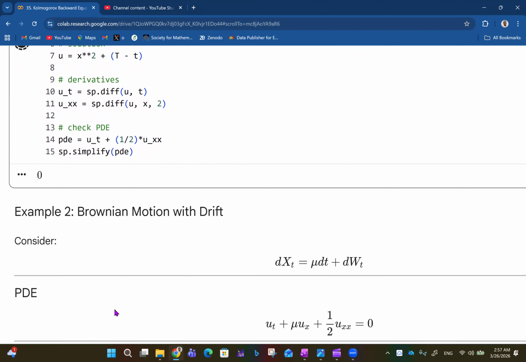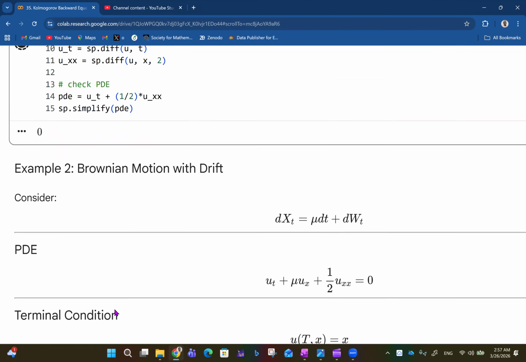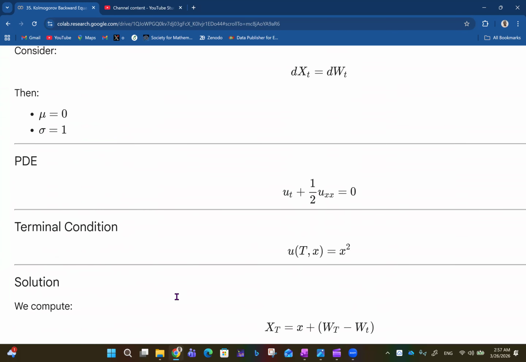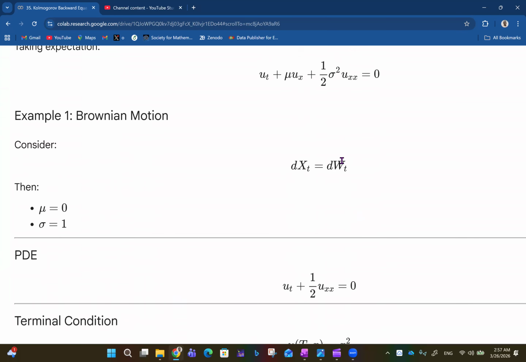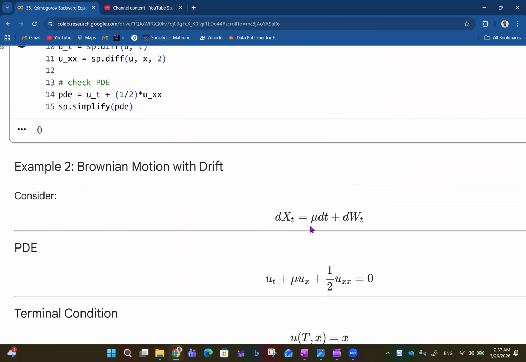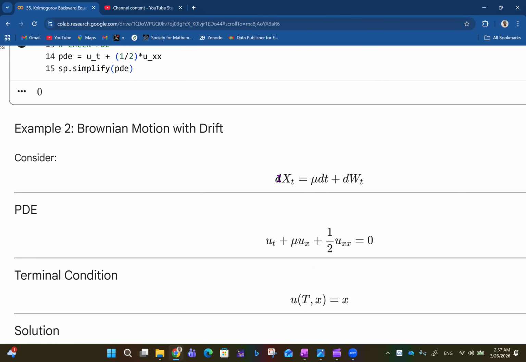Okay. And in example 2, we have Brownian motion with drift. Here, this is just Brownian motion, no drift. But for Brownian motion with drift, the drift term now is the mu dt term, because previously we had dX_t equals dW_t.